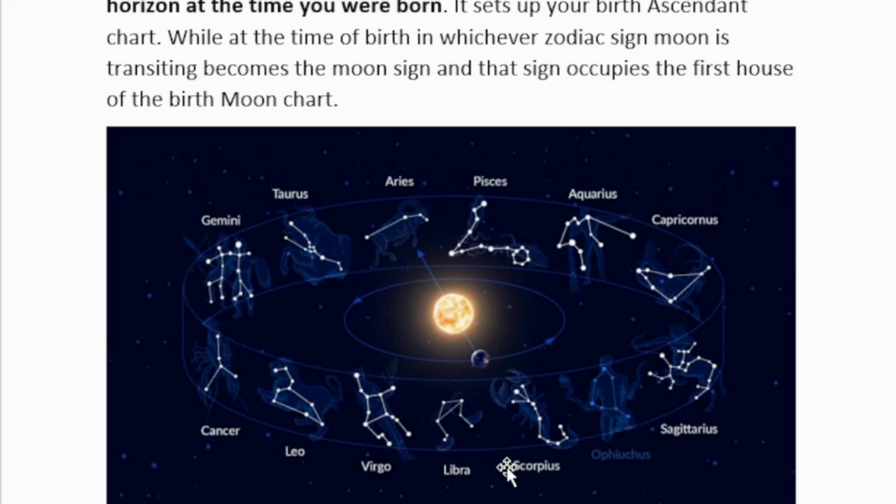If the moon is transiting here, for example, in Gemini, Gemini represents number 3. So for the moon chart, the first house will be occupied by number 3, Gemini, and number 3 will be seen in the first house of the moon chart. The second house will be Cancer, then Leo, and so on.